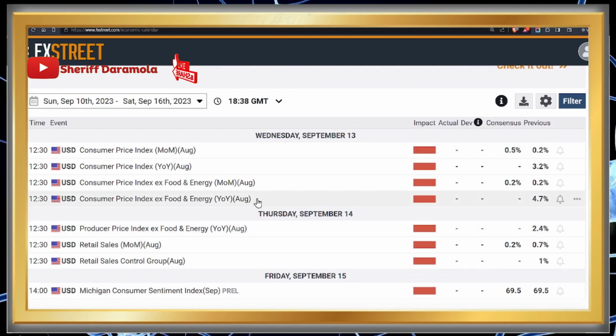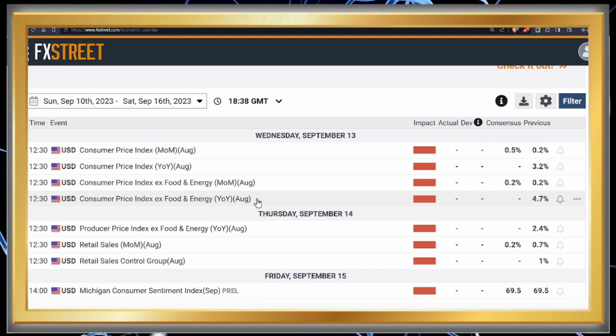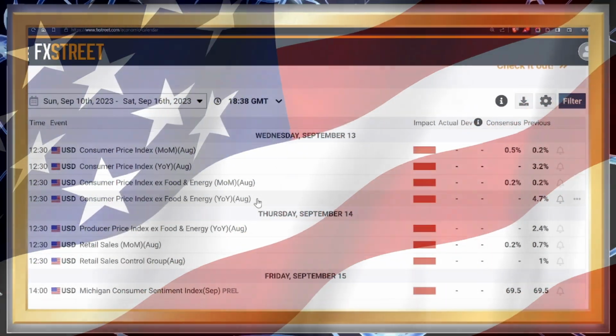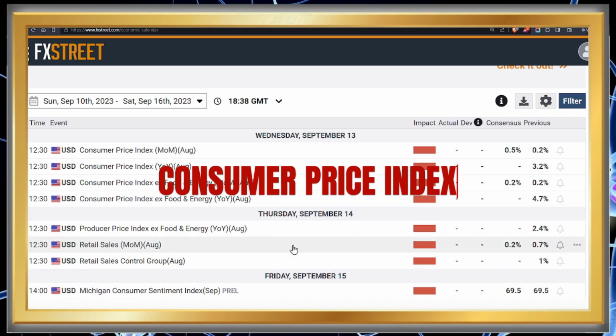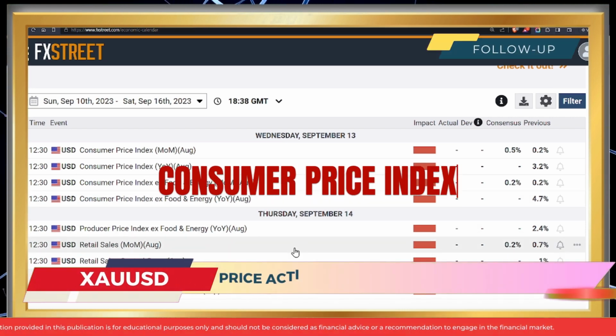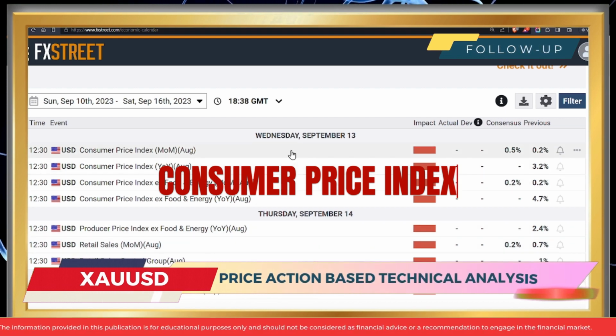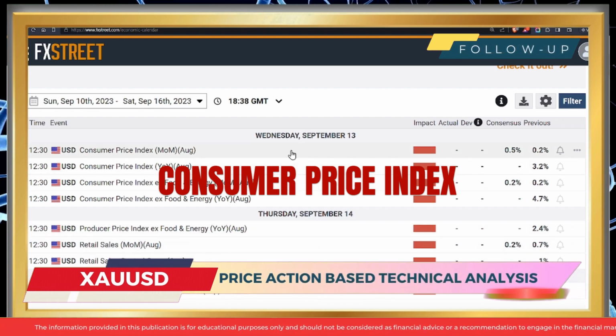So on the economic calendar, we shall be focusing on high impact events from the economy that will be affecting this asset, and of course we shall be looking at the US economic docket. Now, the first high impact event for next week is the consumer price index. We all know how important this is, and it's coming on Wednesday, September 13th.